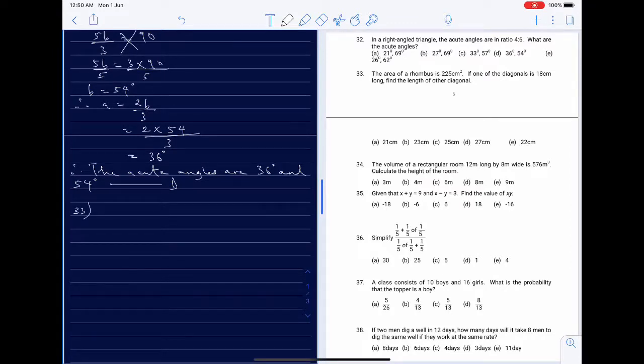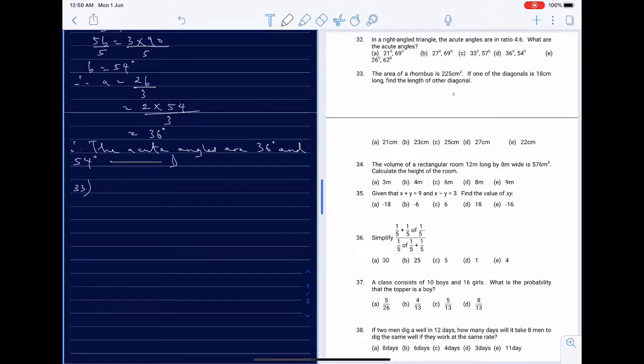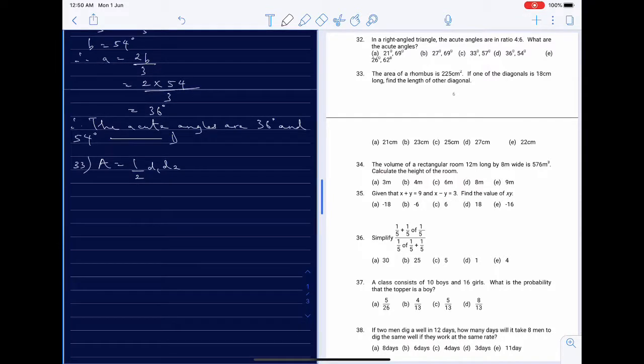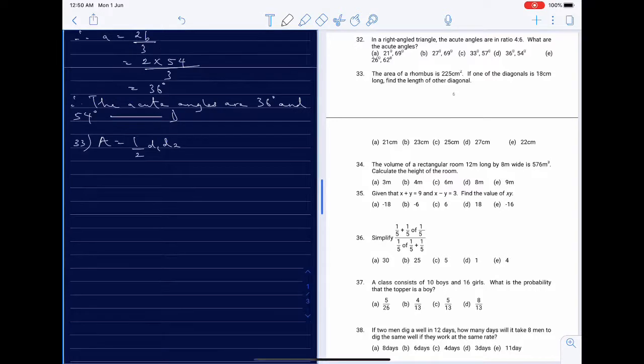That's number 33. The area of a rhombus is 225 centimeters squared. If one diagonal is 18 centimeters long, find the length of the other. The area of a rhombus is given by the formula half multiplied by the product of the two diagonals. So I'm making D1 and D2 the diagonals. Let D1 be the diagonal that is given, and that's 18 centimeters.